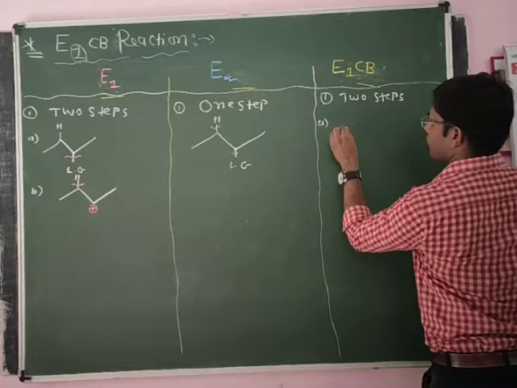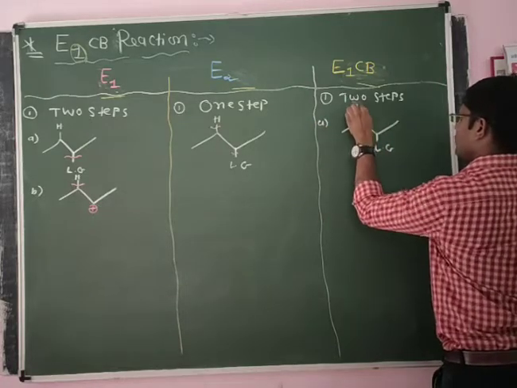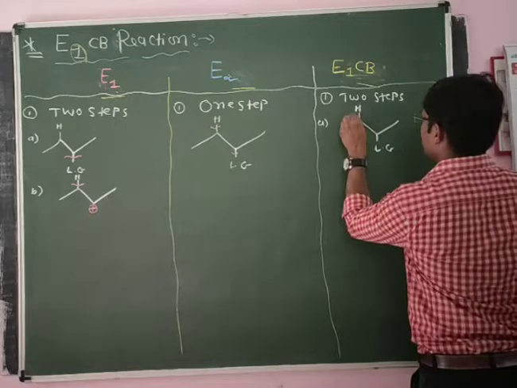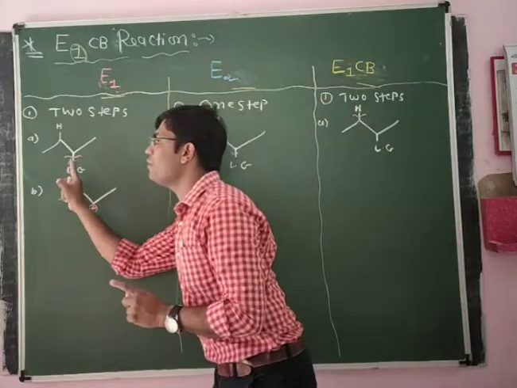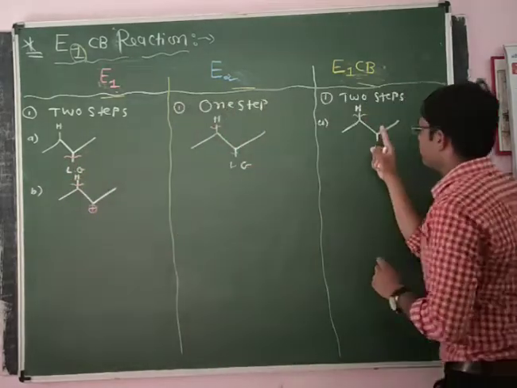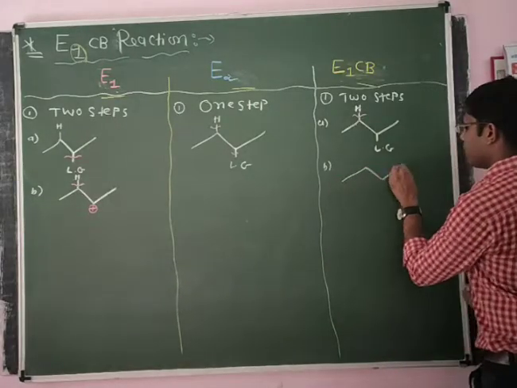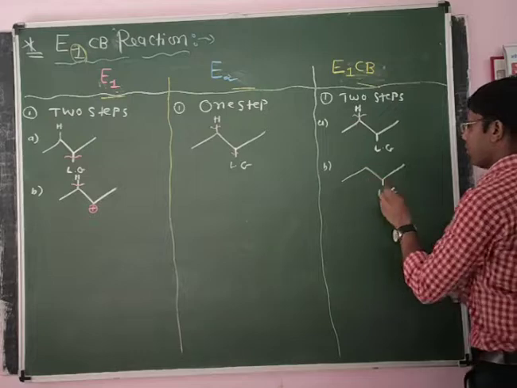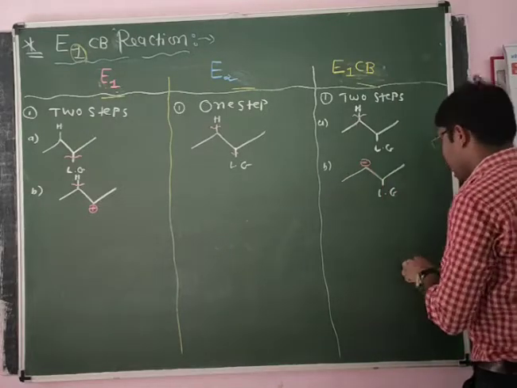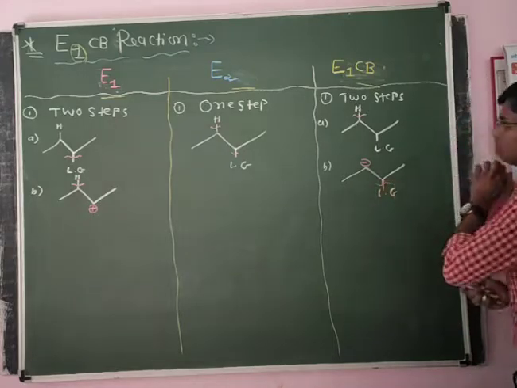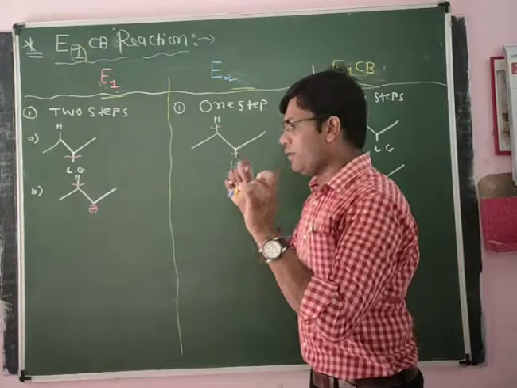In the first step there is removal of the proton. Remember that in E1 the first step is removal of the leaving group, and here in the first step removal of the proton. And in the second step, the carbanion is already formed, and in the second step removal of the leaving group. Clear? So here you can clearly differentiate.